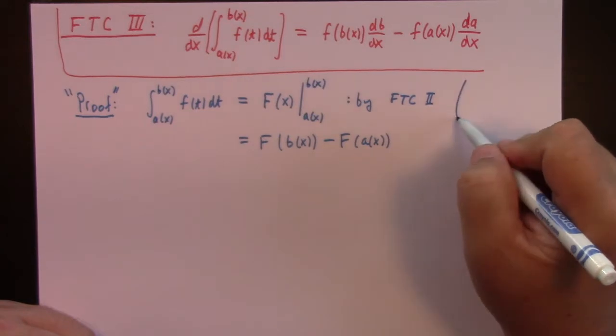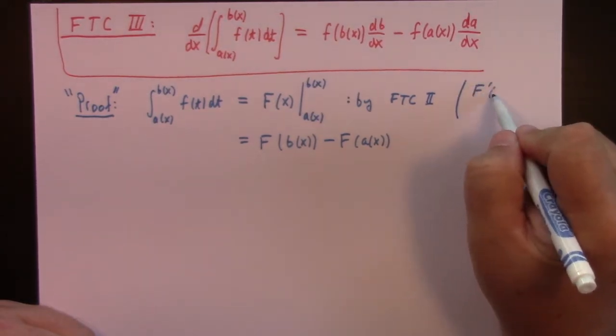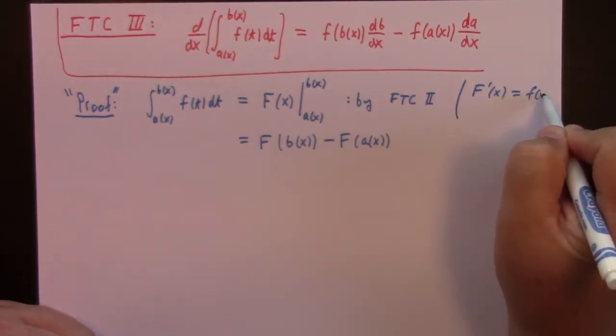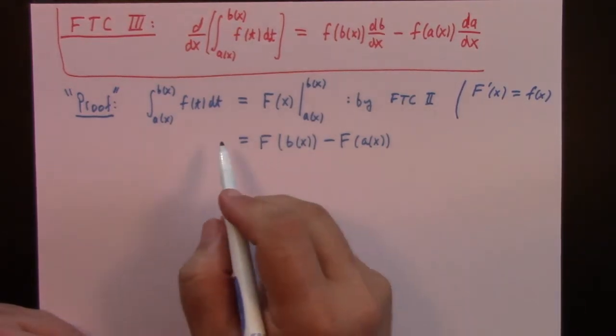And what's the deal with big F? We're assuming big F prime of x is equal to f of x. All right, so we have this identity.